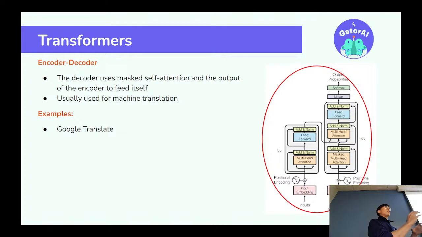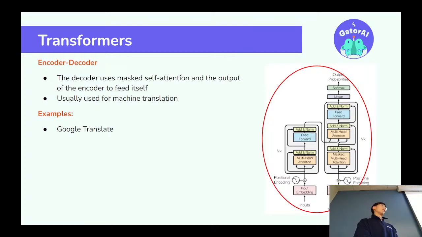So let's say you're translating from English to French. You would give the English sentence to the encoder, and to the decoder you would give an empty sentence almost, and the decoder would take the representation from the encoder and try to predict the next word, but in French, right? And that's how this architecture came to be.